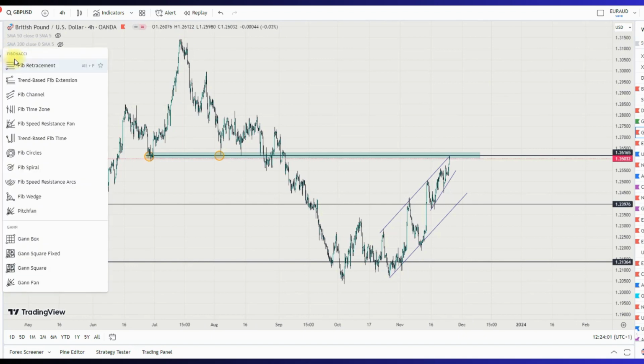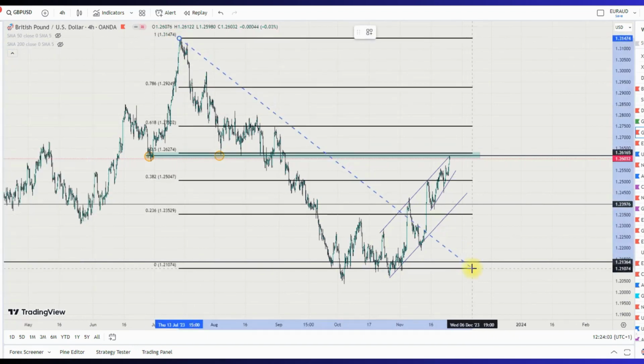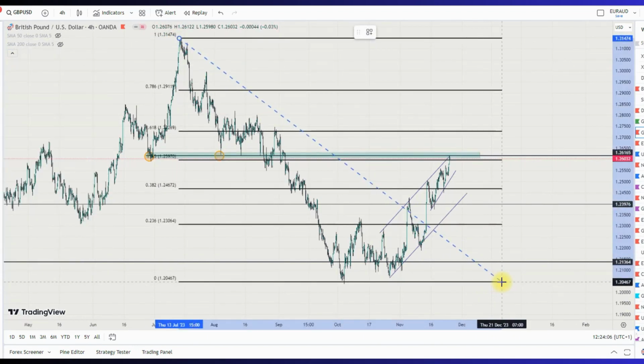If you put the Fibonacci retracement, you'll see this is the 61.8 level, and this is the 50% level. So if you put the pieces of the puzzle together, the DXY is at the 50% Fibonacci retracement level, and the pound USD is also at the 50% level, which means we might be looking for a reversal here.